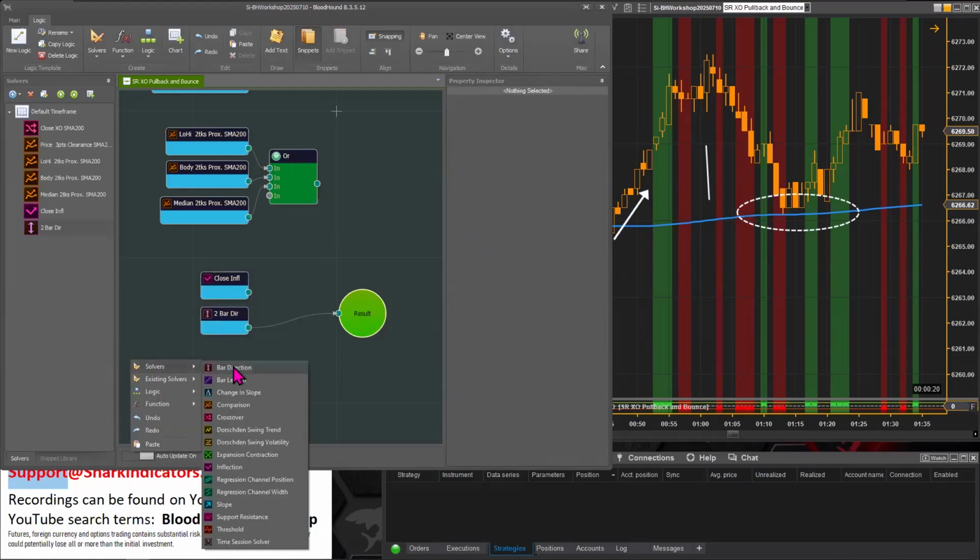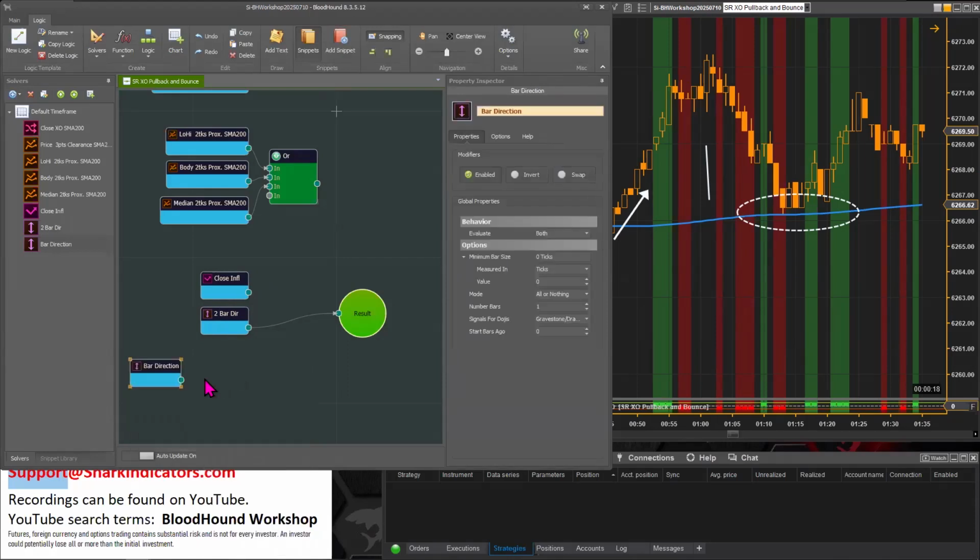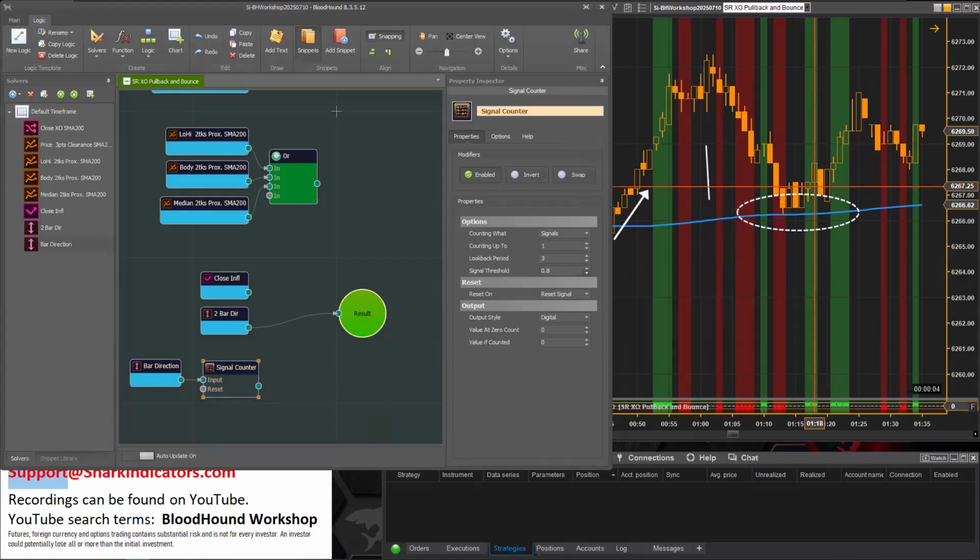And I'm going to grab another bar direction, and I'm going to couple it with a signal counter. The signal counter allows for that variability of there being a down bar in the middle while price is moving up. So I've got those connected together.